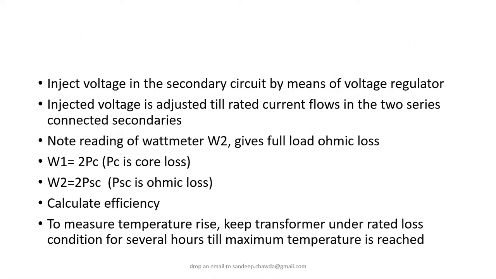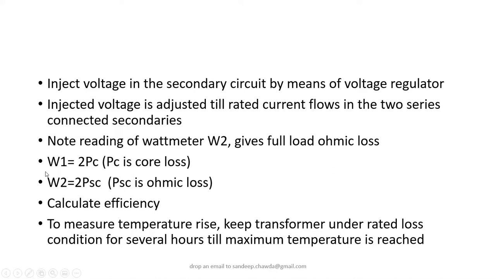You inject voltage in the secondary circuit by means of a voltage regulator, so that the rated current flows in the two series connected secondaries. Whatever reading you get will give you the full load ohmic losses.